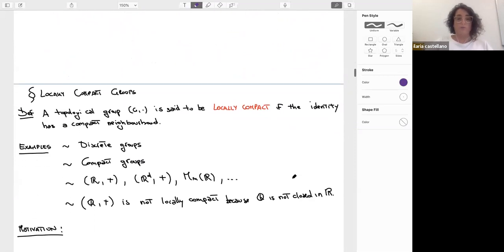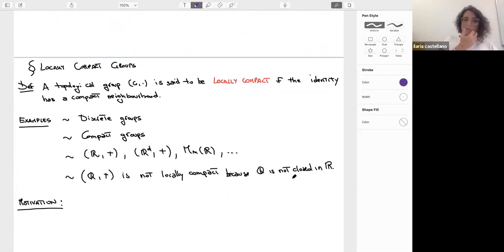Locally compact groups, the other piece that we need. A topological group is said to be locally compact if the identity has a compact neighborhood. Examples are discrete groups, then compact groups, the reals, products, matrices. Then here you have an example of a group which is not locally compact.